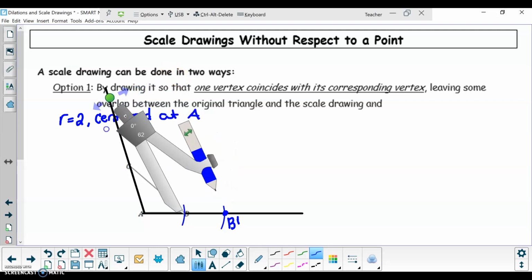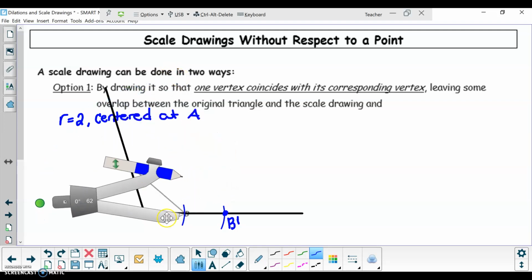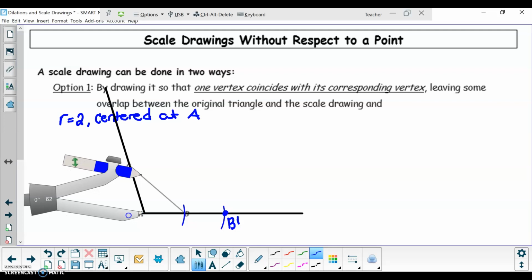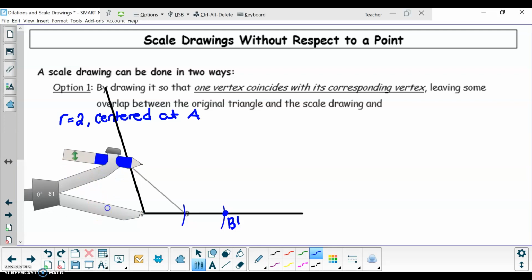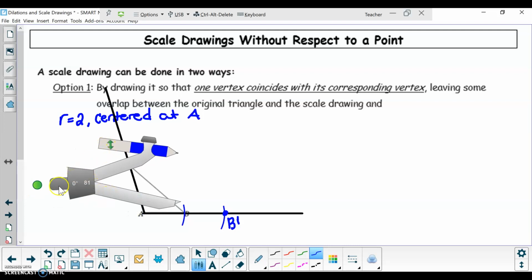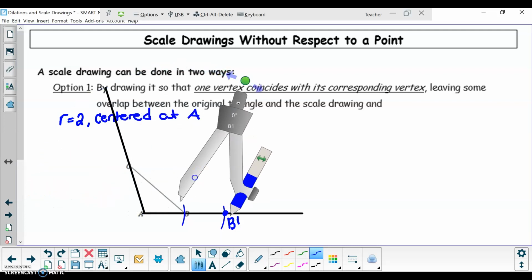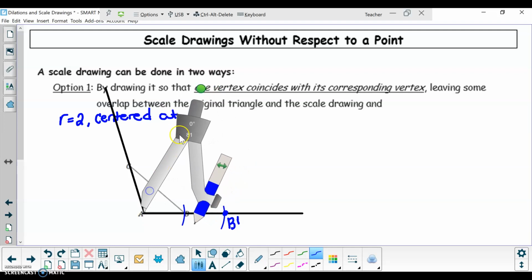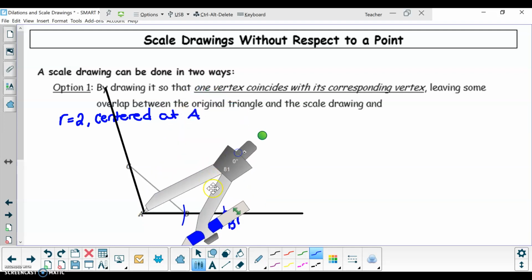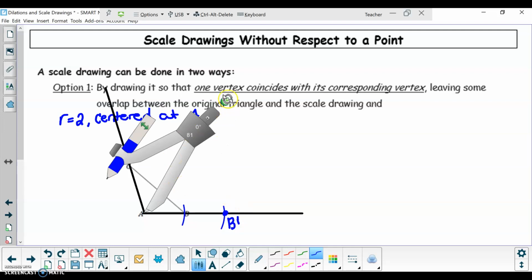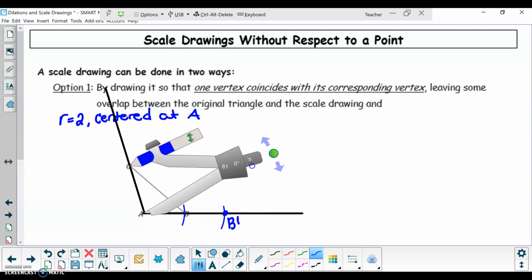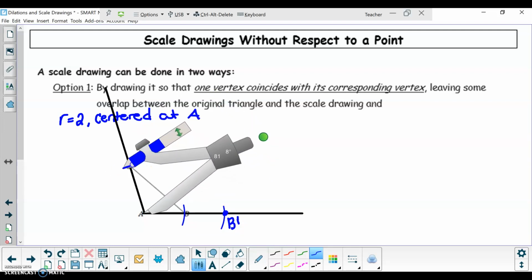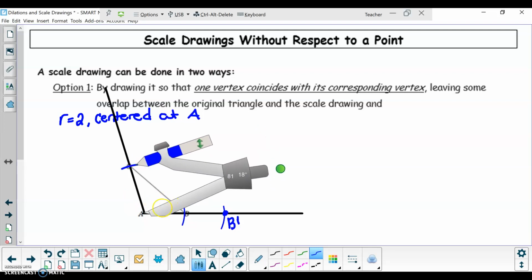Now I'm going to dilate point C. I put the metal point at A and adjust my compass up to point C. From A to C, that's a scale factor of 1.